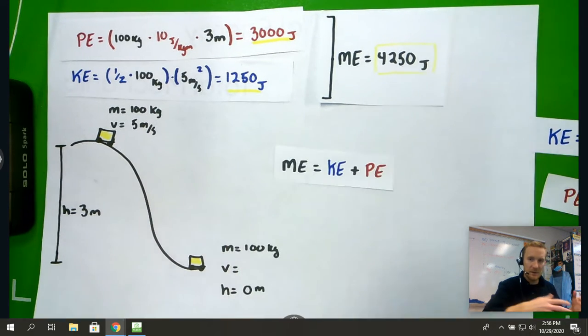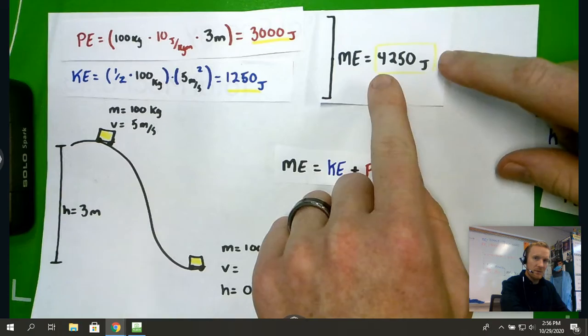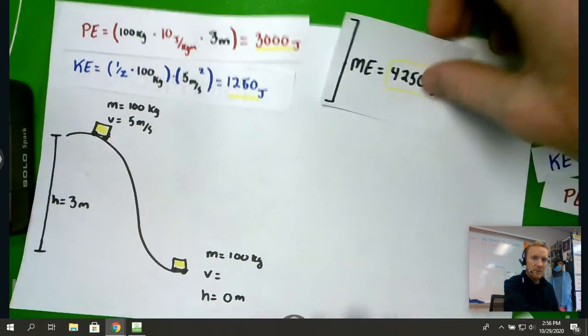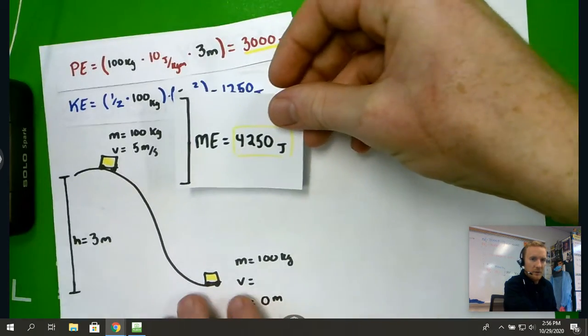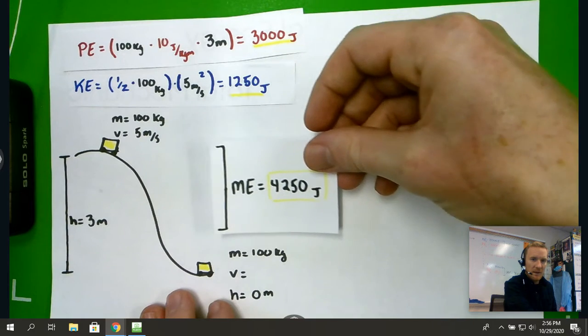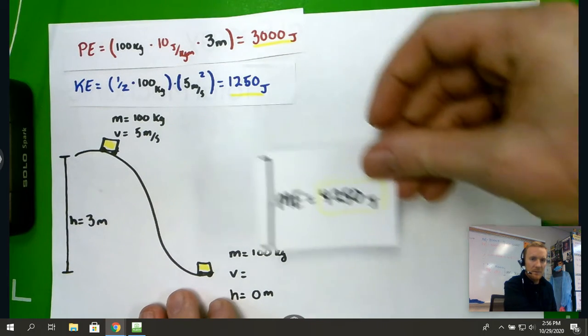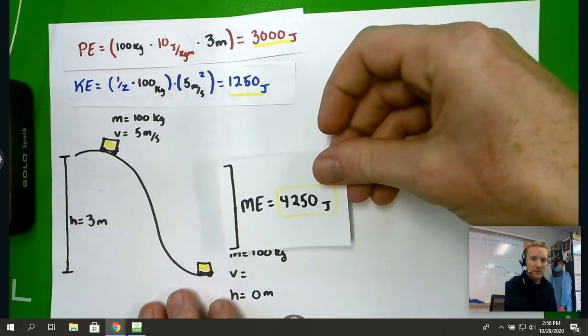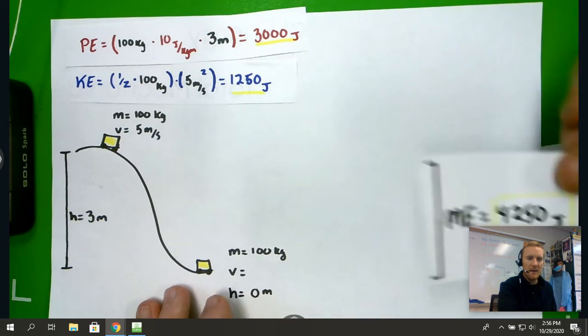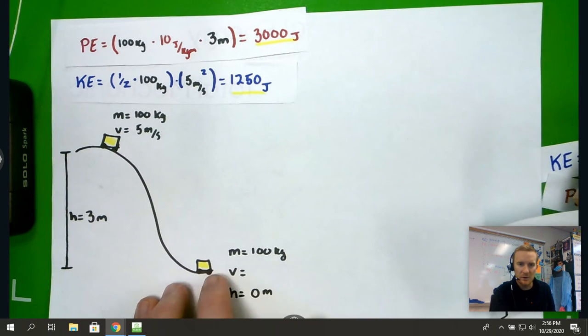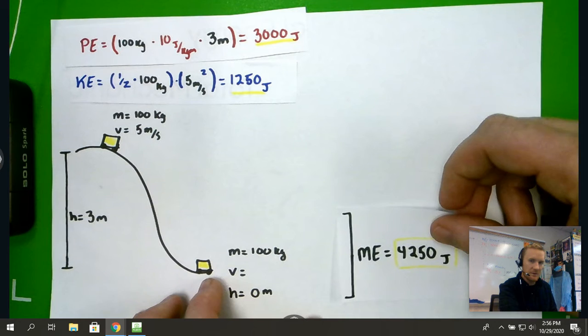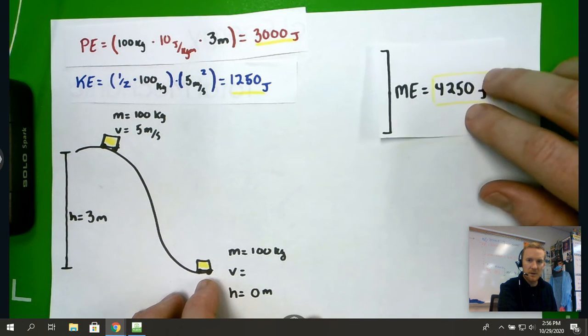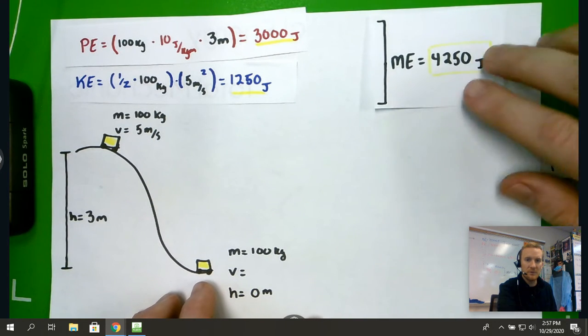Now, if this is a conservative interaction, again, this total isn't going to change. So no matter where on our track the cart is, the total mechanical energy is always going to be the same, whether it's at the top, at the bottom, or even in the middle. Okay? And since we want to know how fast is this cart going at the bottom, let's consider our mechanical energy at the bottom as, again, 4,250.